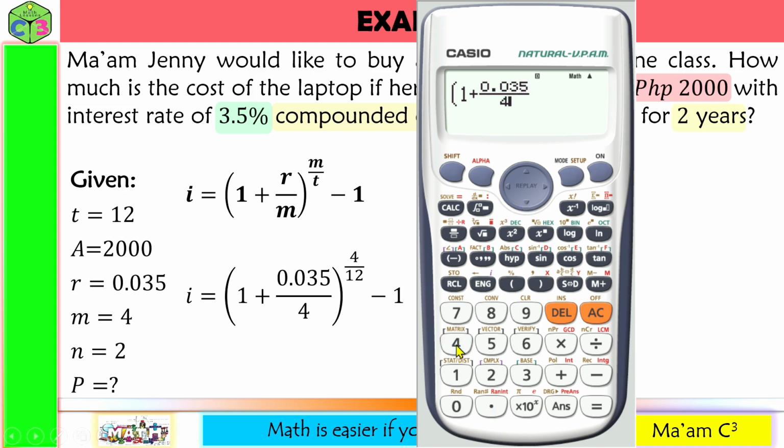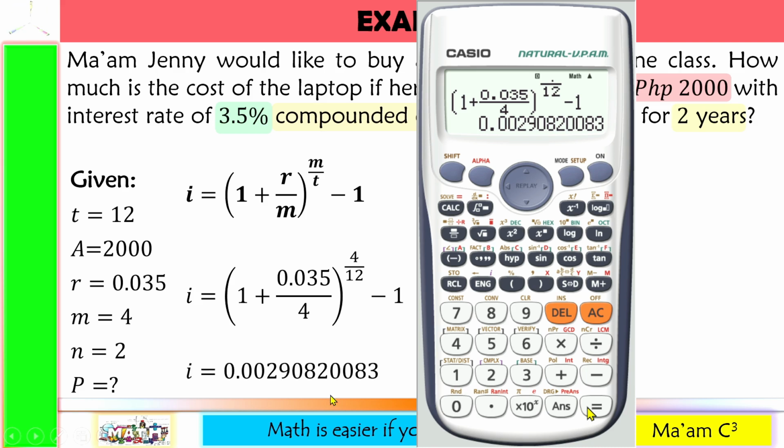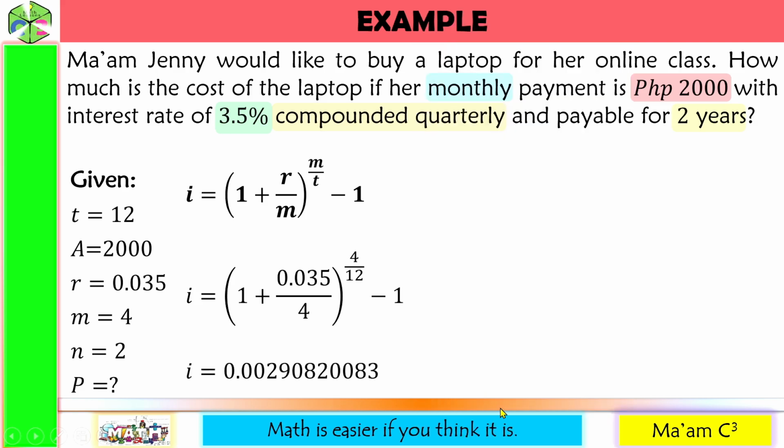The denominator is 4. Cursor to the right. Close parenthesis. Our exponent is in fraction form, 4 over 12. Cursor to the right, once more, minus 1 equals 0.00290820083.